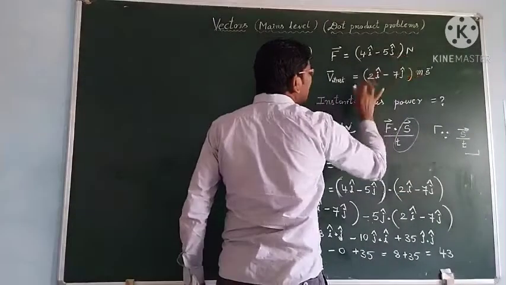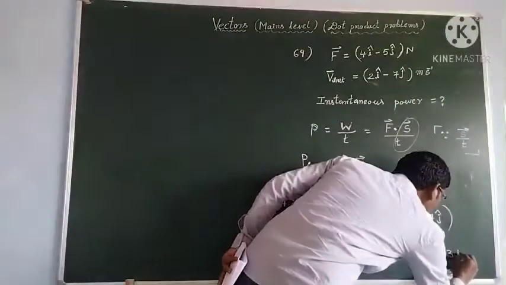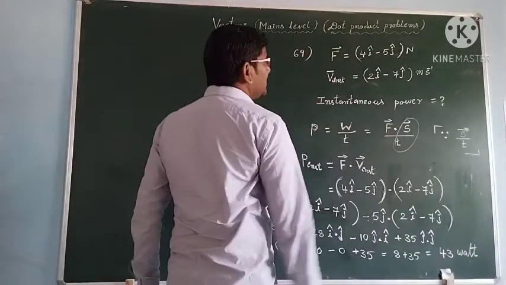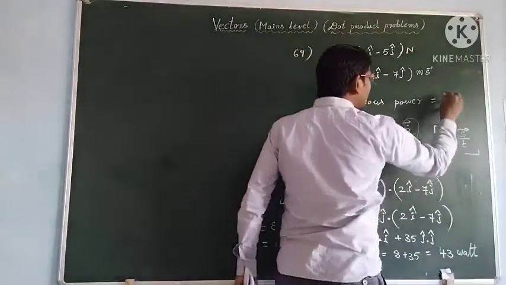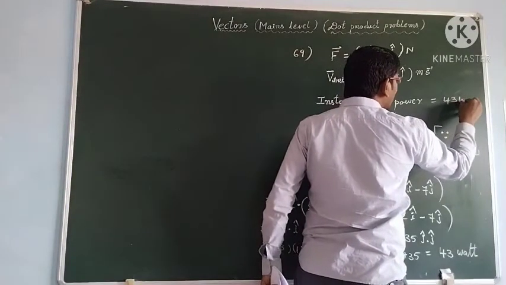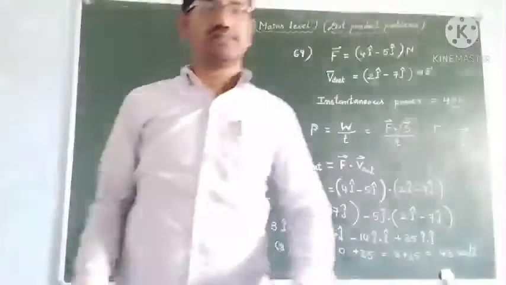Force SI unit, velocity SI unit, so power is in SI unit, we should write 43 watts. So the instantaneous power that we calculated is 43 watts. Okay students, that is the answer.